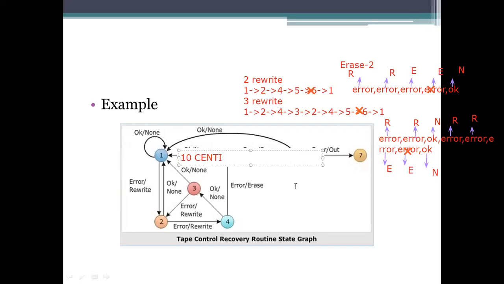And here, if you get the error at the 6th point, the next 10 centimeters will be cleared here. So that is the input, the sequence of outputs, and also the transitions we are including. To get this transition done, the transition has to reach the states we have included. So that's the first representation.